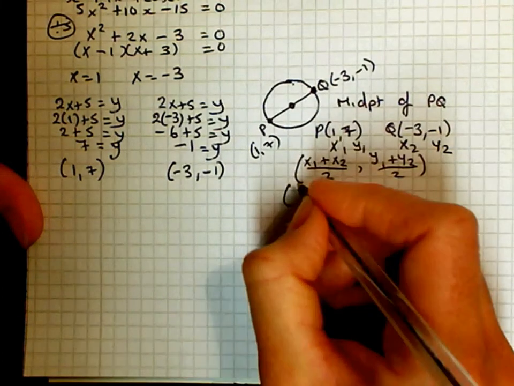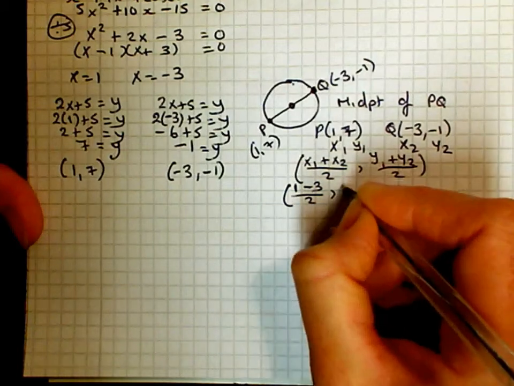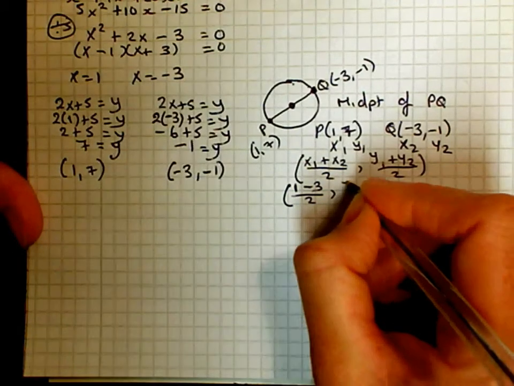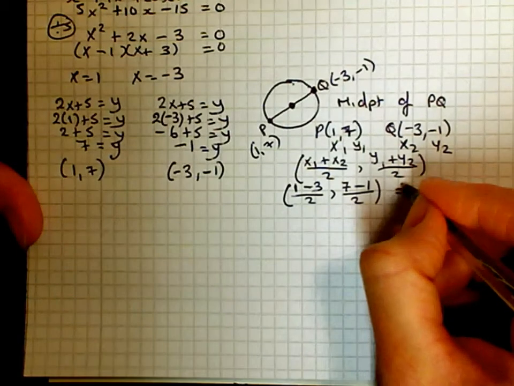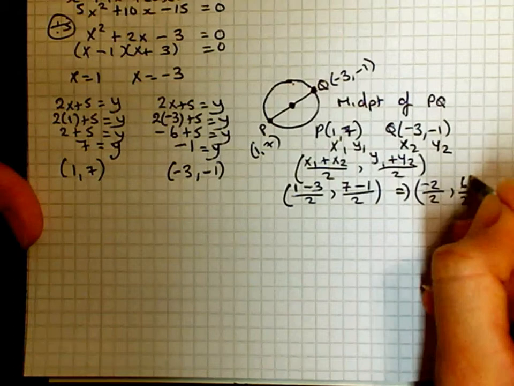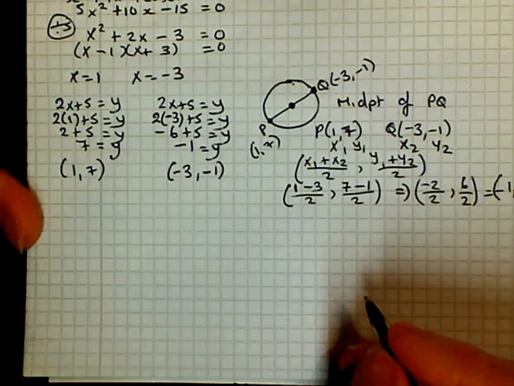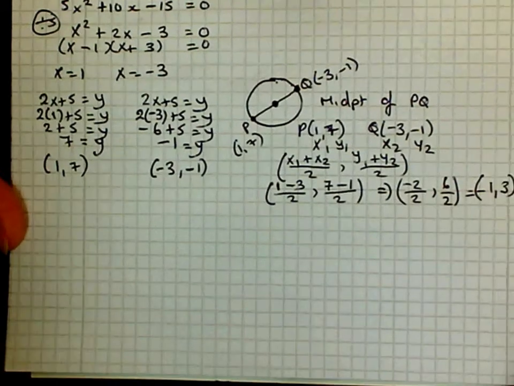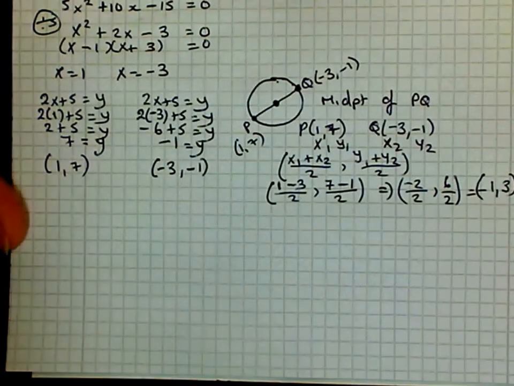So you have 1 minus 3 divided by 2, and you have 7 minus 1 divided by 2. So our midpoint is going to be minus 2 divided by 2, and 6 divided by 2, which is (minus 1, 3). That is the midpoint of the line PQ, or the center of the circle.